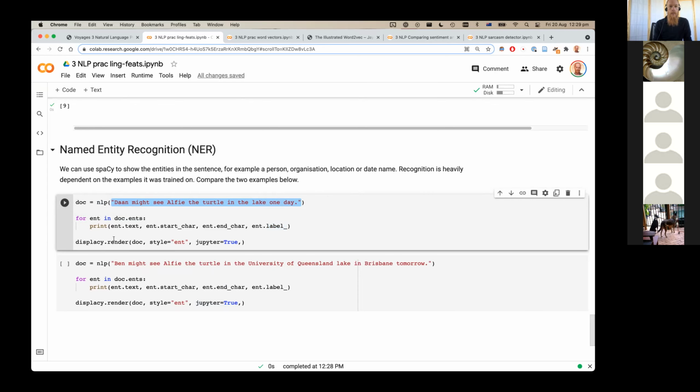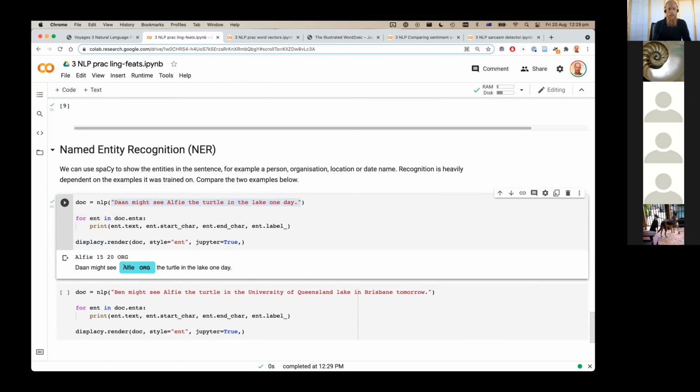Now this is going straight to spaCy render rather than going to the table, because it's got this pretty cute visual kind of labeling interface. Now this, I don't know if you remember from the lecture, the output also identified Dan as a named entity. Let's see what happens.